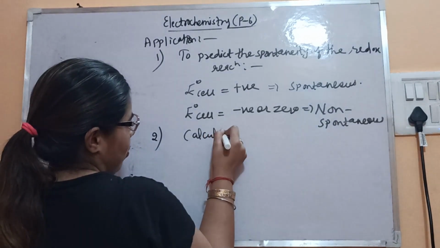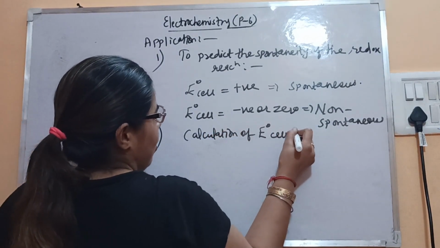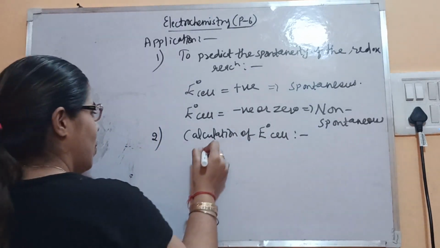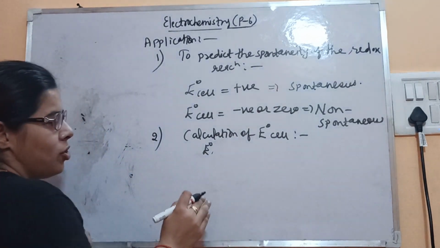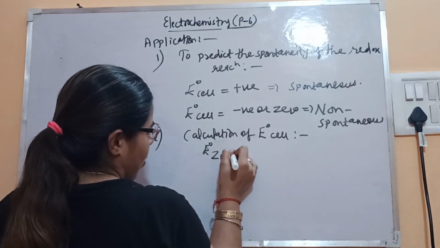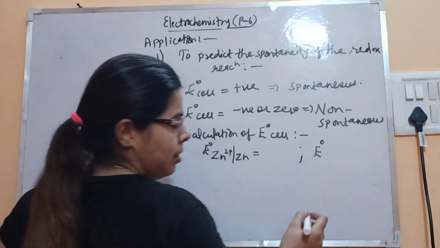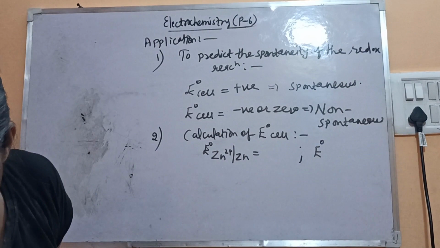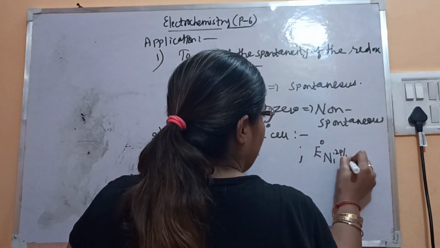Second is calculation of E naught cell. For example, suppose the electrode reduction potential for zinc is given, and then for nickel it is given.